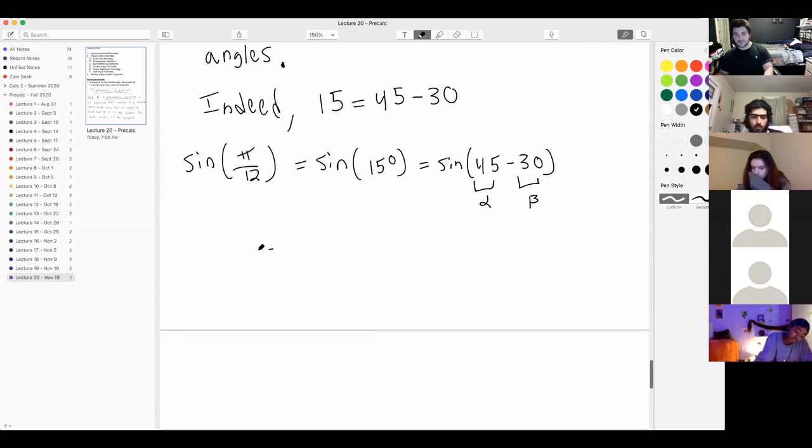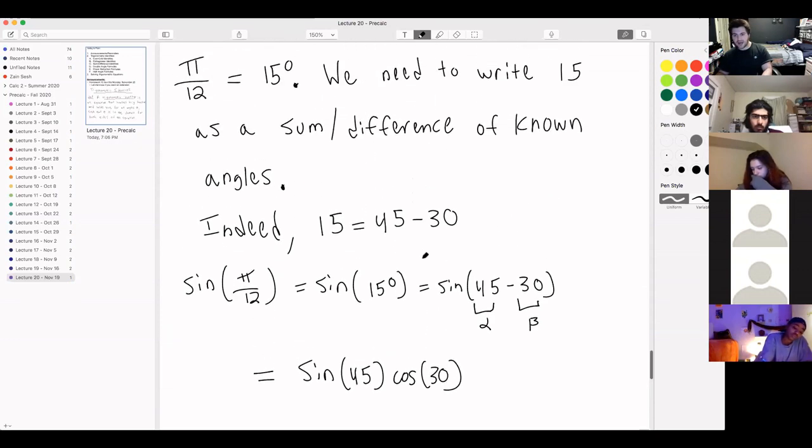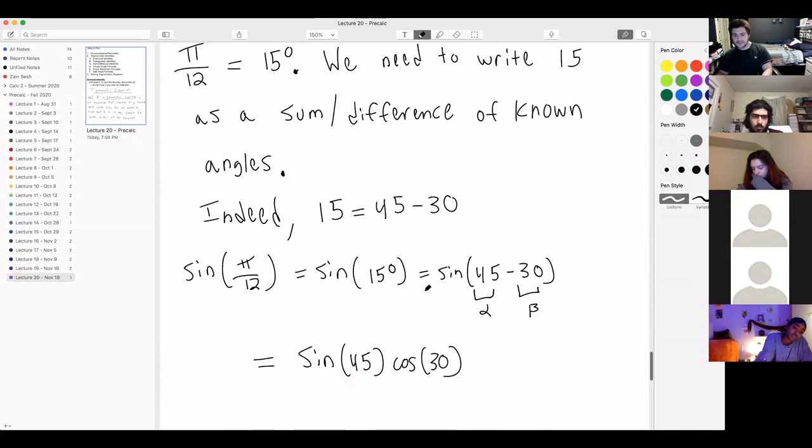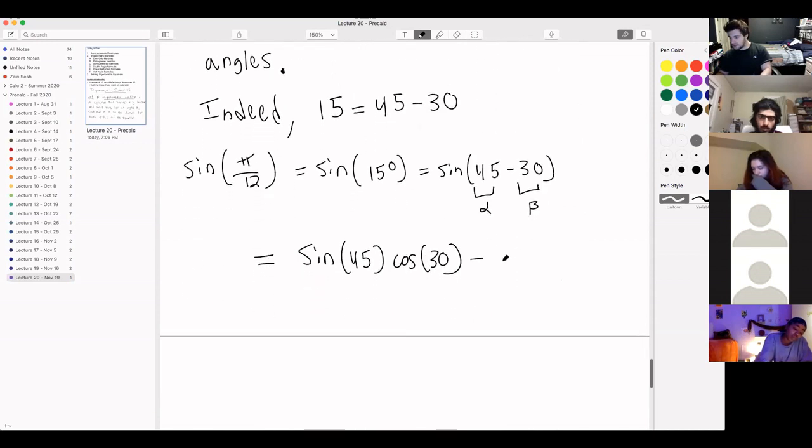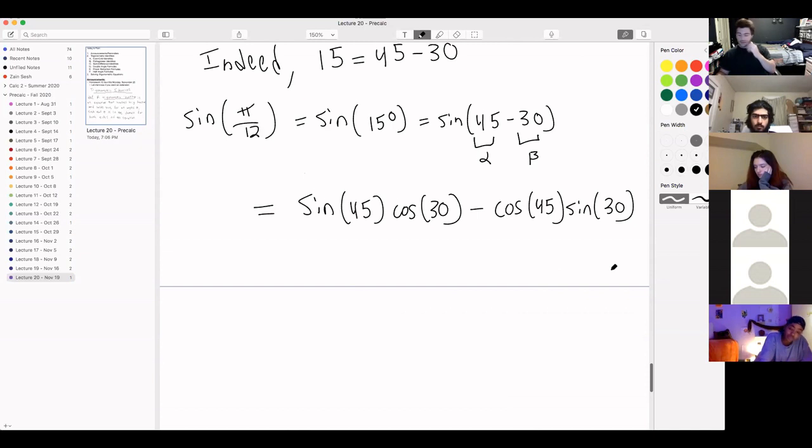Okay, so by the difference formula, this will be sine of 45 cosine of 30, right? It's sine alpha cosine beta, yep, minus cosine 45 sine of 30. Very nice.